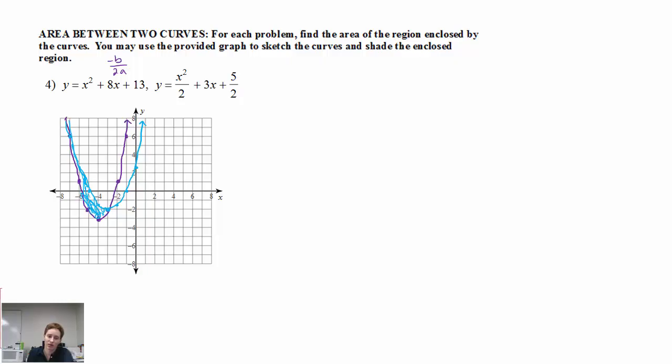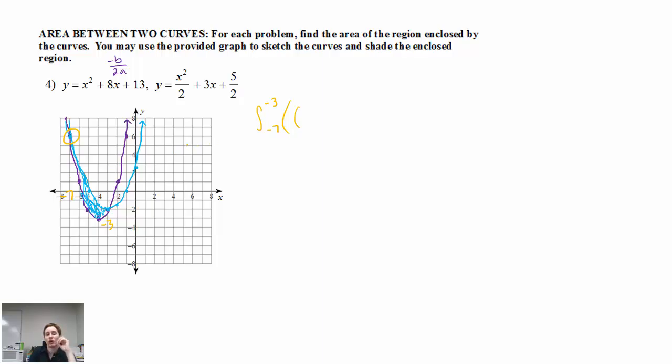The point of intersection on the left side of this is the point that both of them had in common, which is this point here. The x value for that is -7. And then over here, the point they have in common is -3. So our integral is going to go from -7 to -3. We've got the wider parabola, which is in blue. That's the one on top in this case.